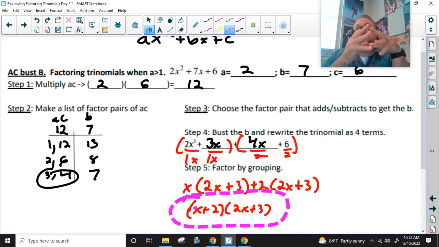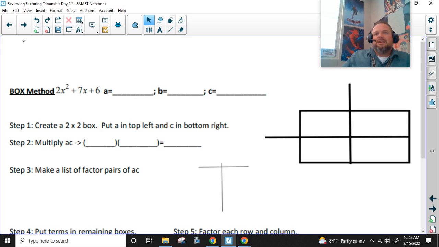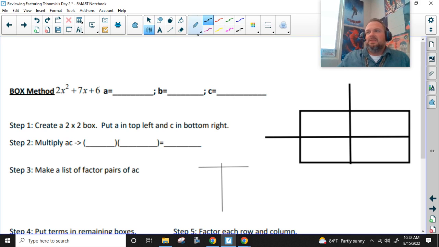I think this is at the top of the back. A lot of it is the same.